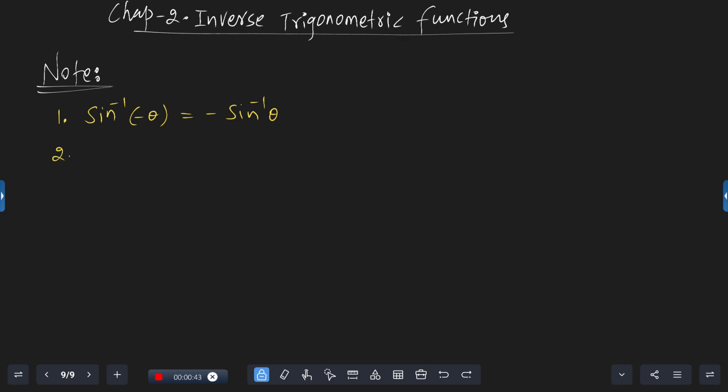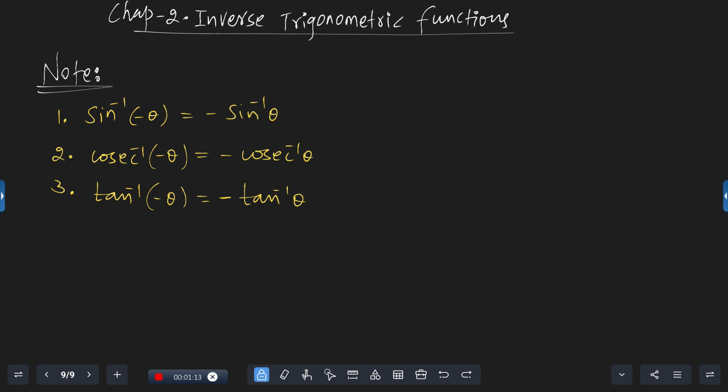And the second formula: cosecant inverse of minus theta equals minus cosecant inverse of theta. In the same manner, third one: tan inverse of minus theta equals minus tan inverse theta. The minus will come out. This is one pair. For these three, if there is a minus inside, the negative will come outside.